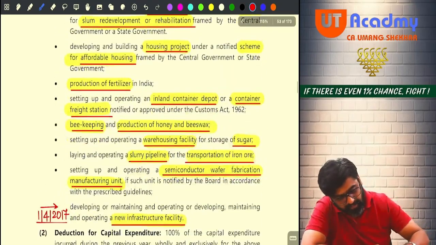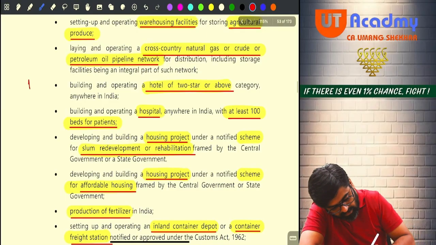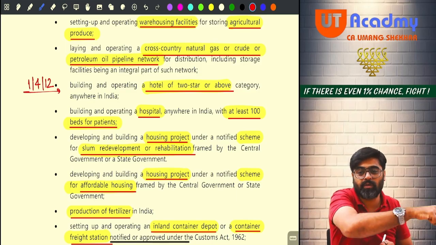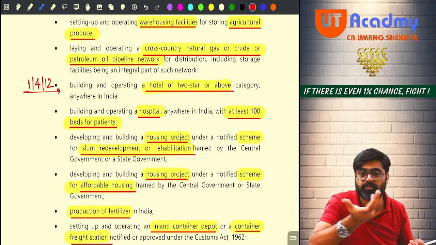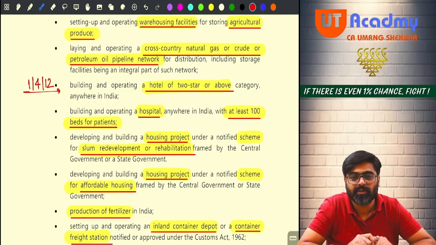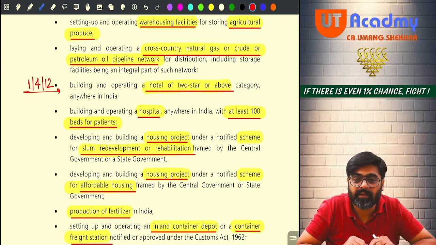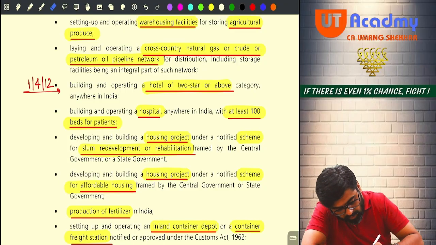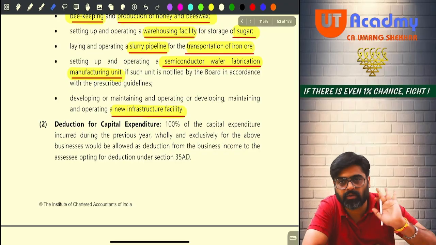If I say hotel, for this, the date is 1st April 2012 and you are starting a hotel right now. Definitely you are commencing the operations on or after this specified date. For some business, it is 1st April 2010. So no need to remember these dates. Please don't bother yourself.